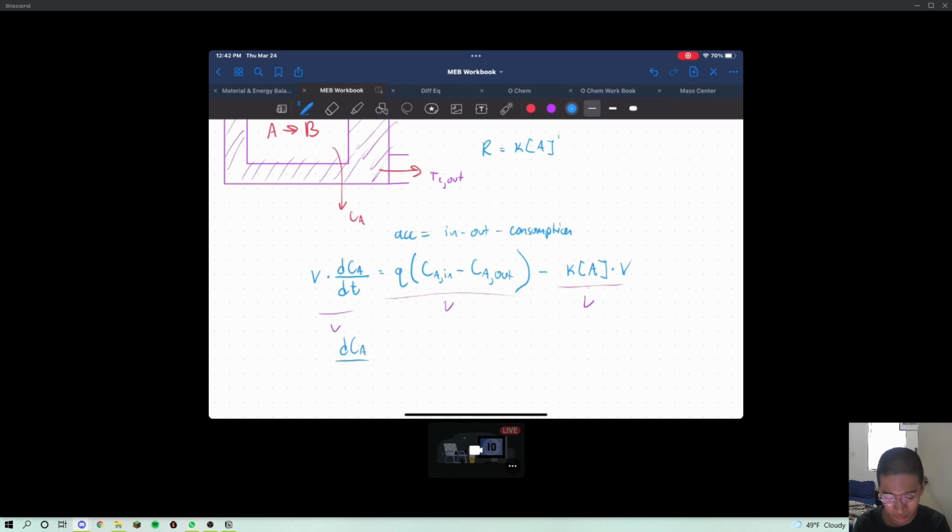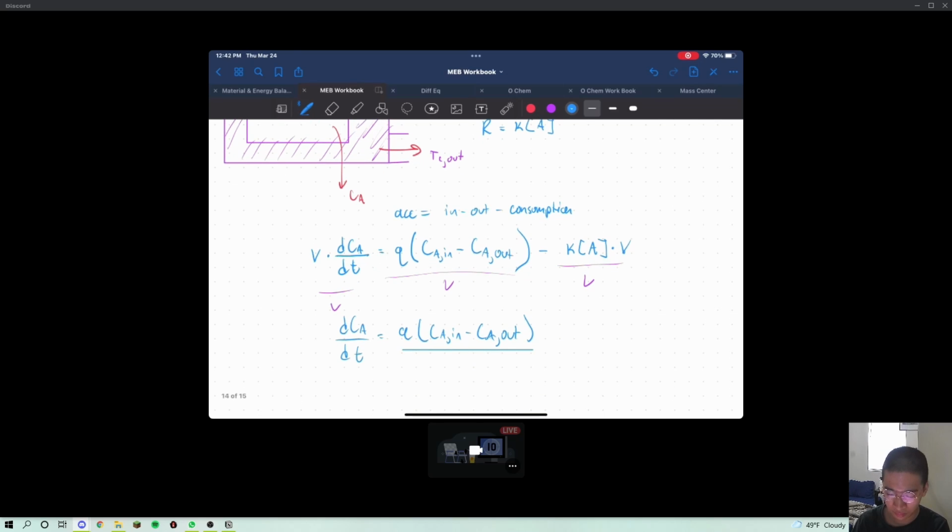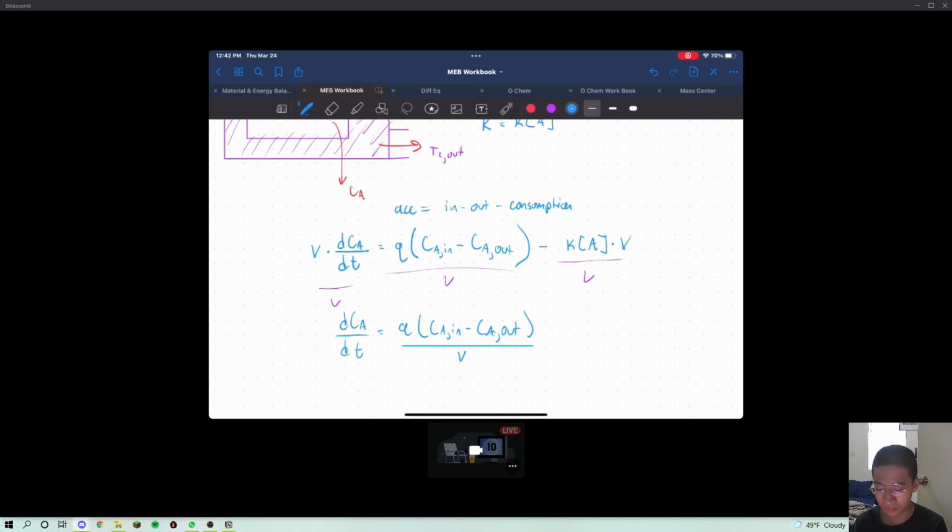So we have dCA over dt, the derivative of the concentration of A with respect to time, equals Q, volumetric flow rate, times the concentration of A going in minus the concentration of A going out, over V, the volume.